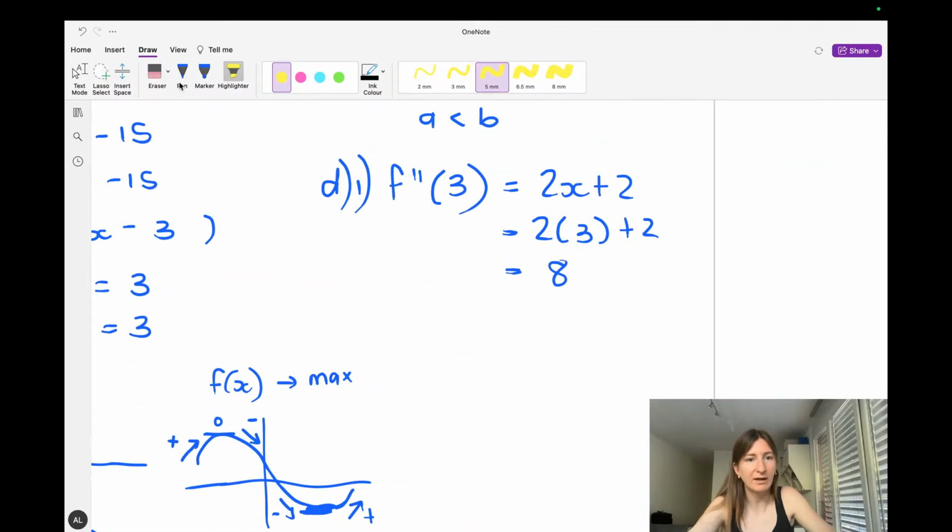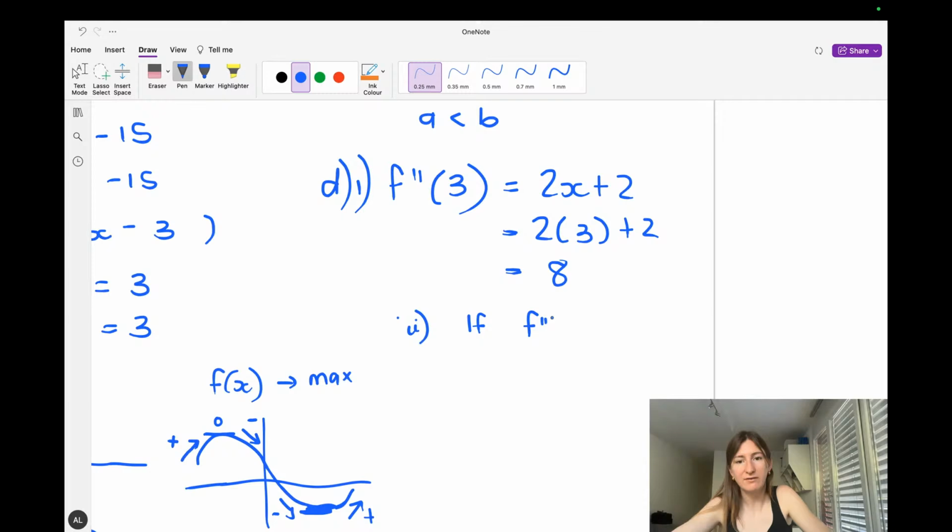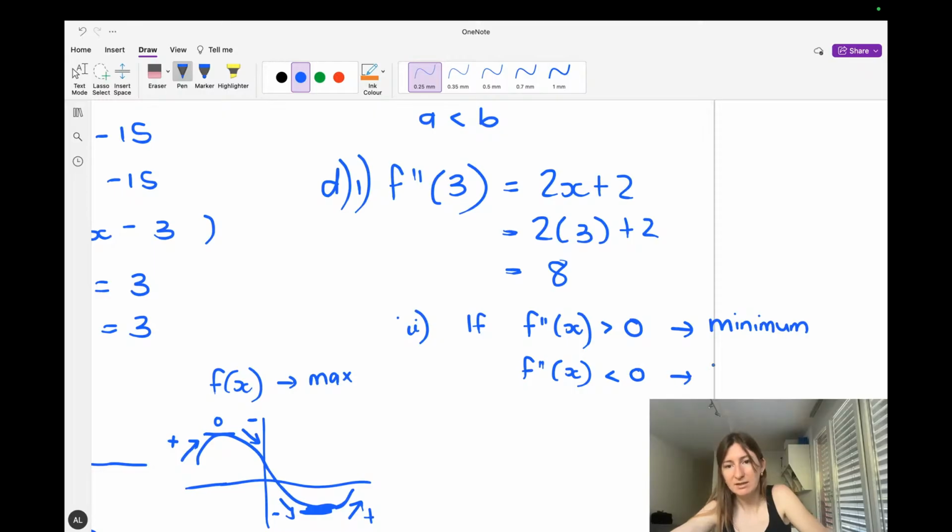Well, we know a fact that if the second derivative at a point is more than 0, basically if it's positive, we have a minimum. You might think positive means maximum, but this is the one where if it's positive, it's a minimum. And if it's negative, if it's less than 0, we have a maximum.